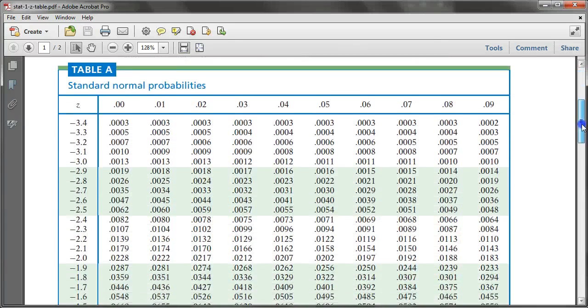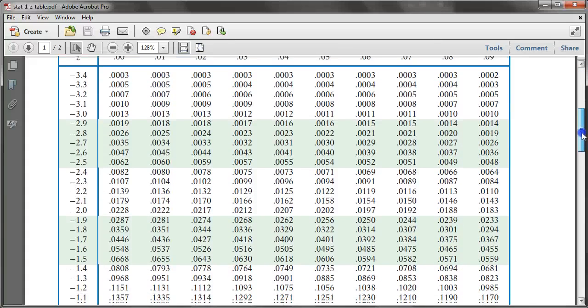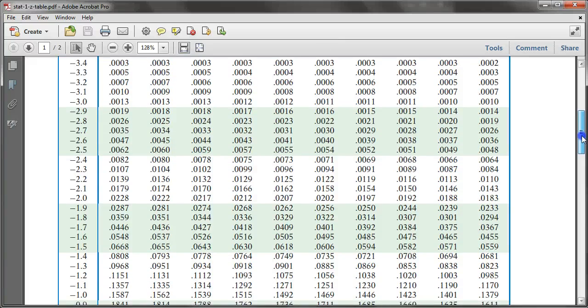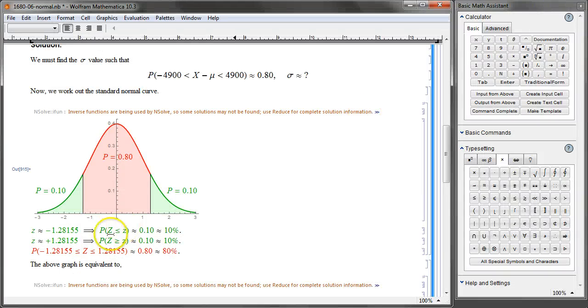So where do we find 10%? 0.10, 0.1003. This is pretty accurate. Negative 1.28. Negative 1.28 looks like a good z-score.